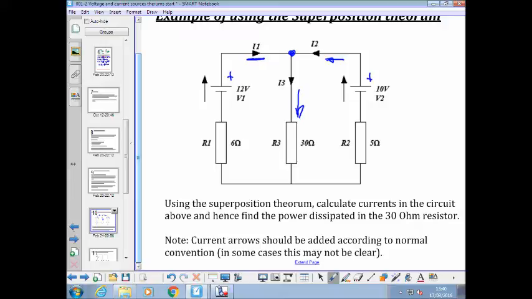So if that current is not going in that direction, is actually going in that way, what will my result look like for I1? If I follow all the rules.